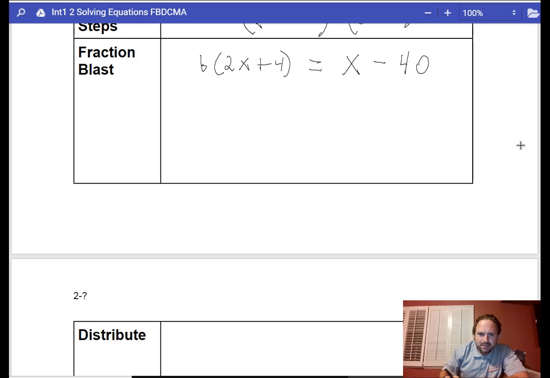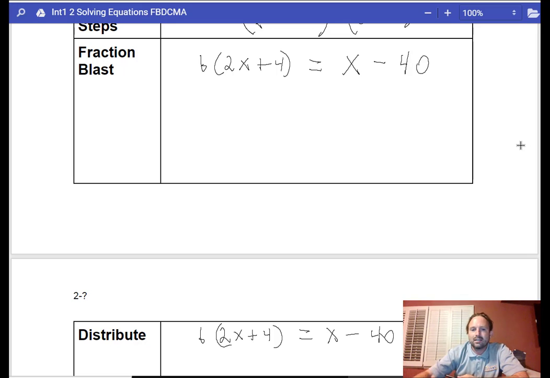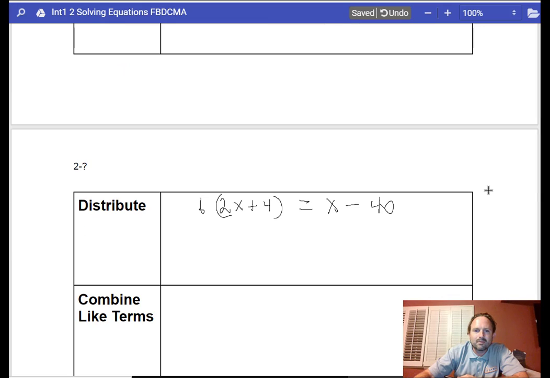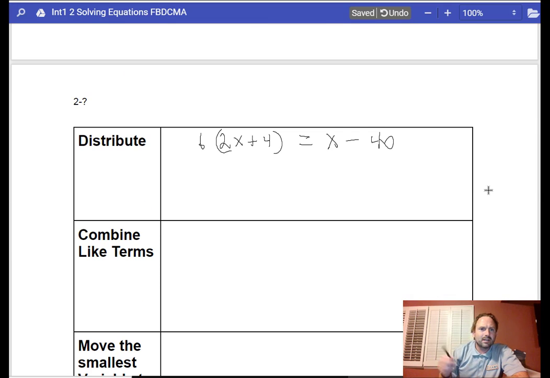All right, so next up. The next one is distribute. So I'm going to get rid of all the groupings, any parentheses or any brackets. I can do it one of two ways.